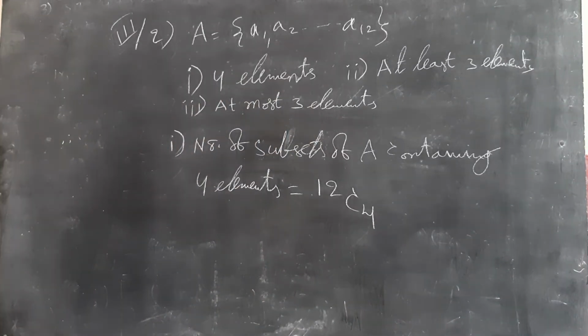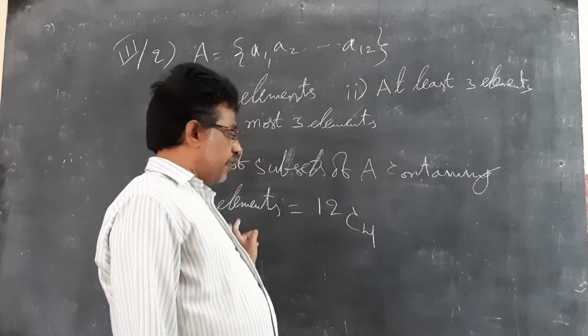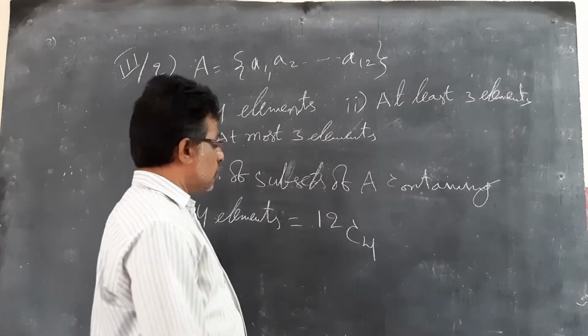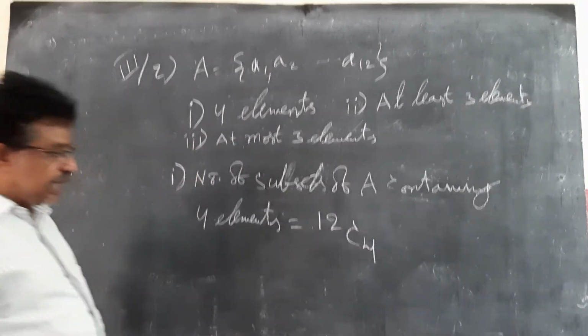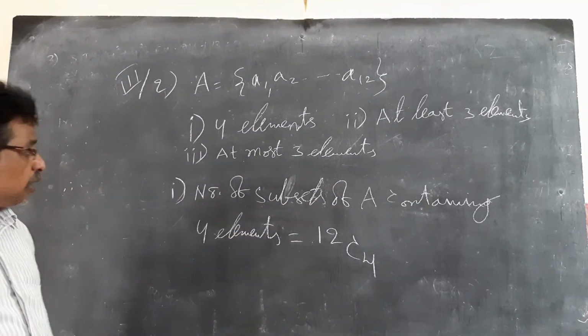So the number of subsets we can form out of 12 elements containing 4 elements is 12C4. Whether you simplify that or leave it like that, 12C4 is the number of subsets, whatever the value of that will be.